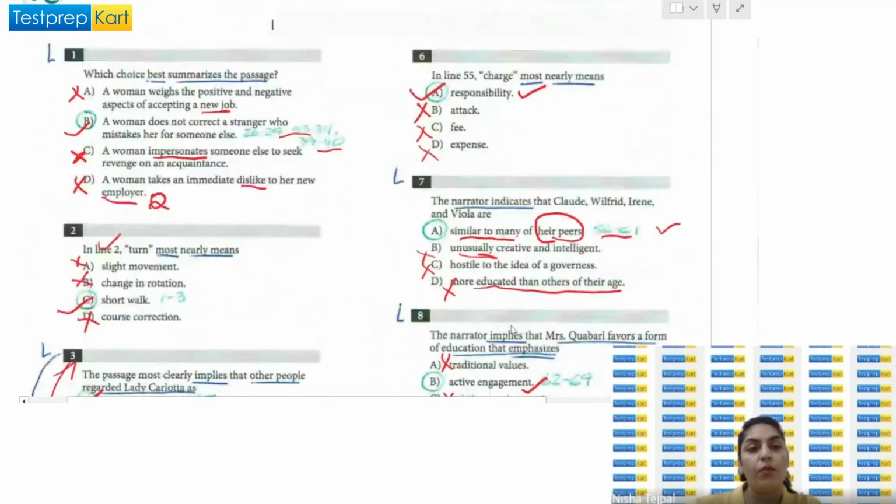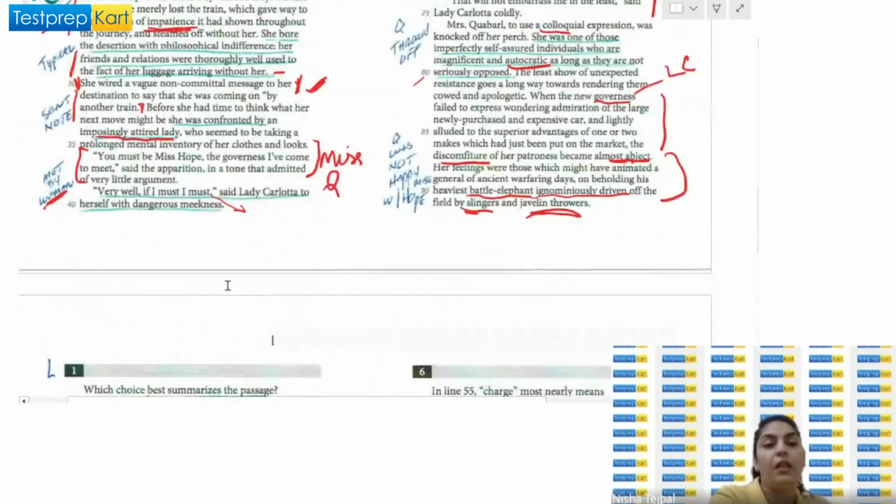Okay, let's look for this imposing. We know that she is imposing in nature from where? She is dressed imposingly. This is the word. Imposingly attired lady. Who is she? Miss Quabal only. So she is imposing in nature. Now, defied. Defied means when she can easily be disobeyed. And we have read somewhere that she is dominating until they are opposed.